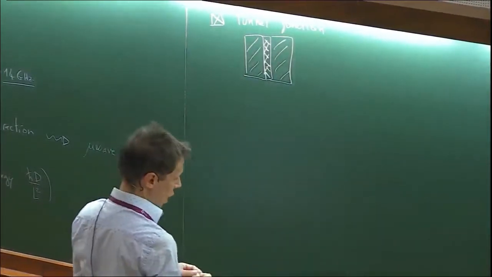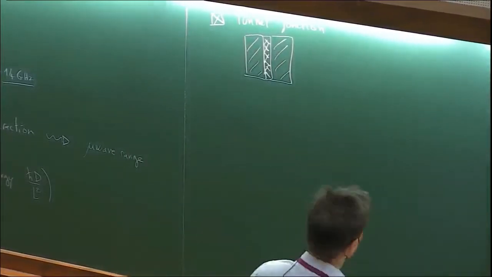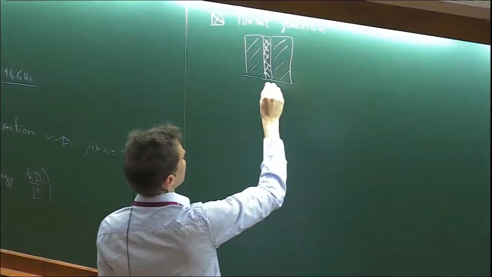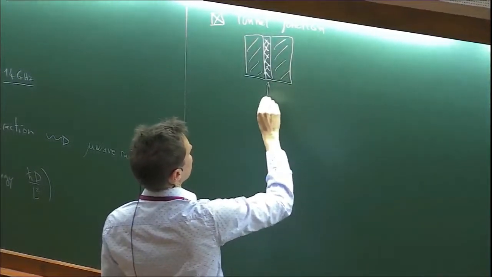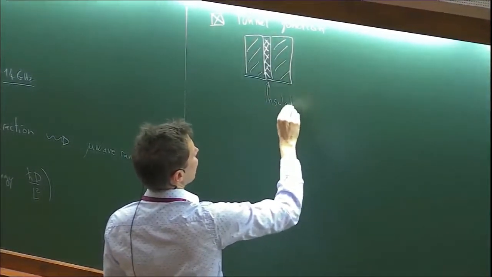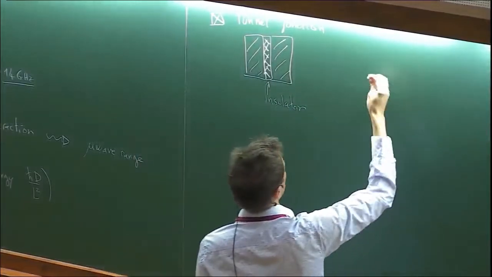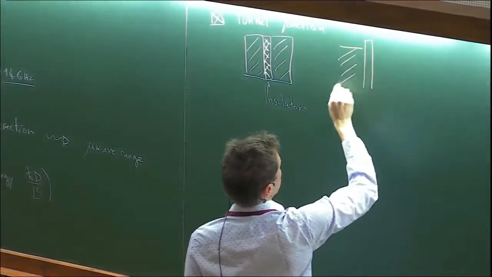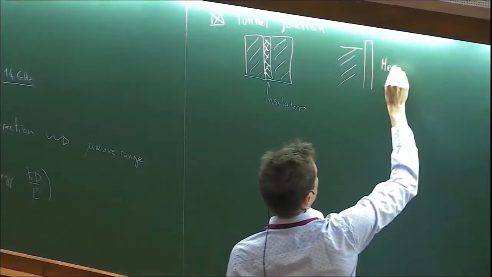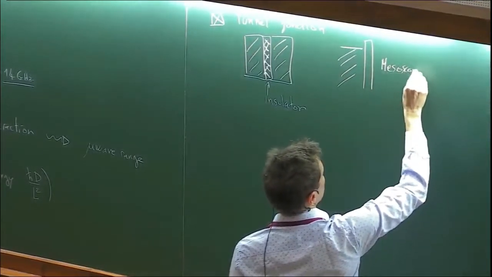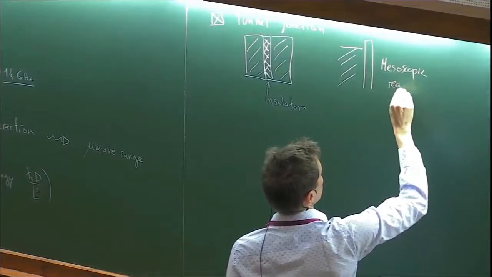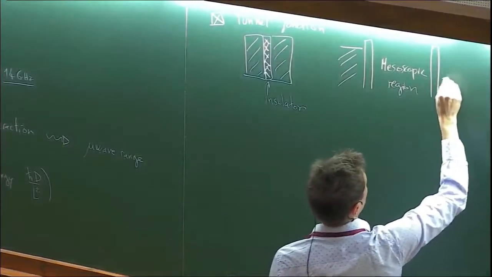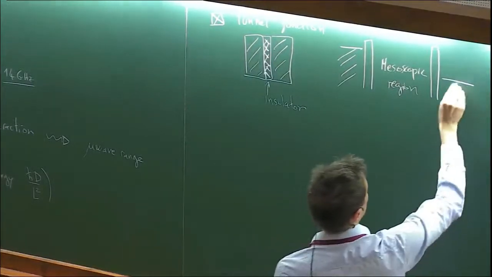This is true for any kind of central conductor. This is an insulator here. But this is also a generic situation with barriers. So you have a mesoscopic region, and now you have some bias here.